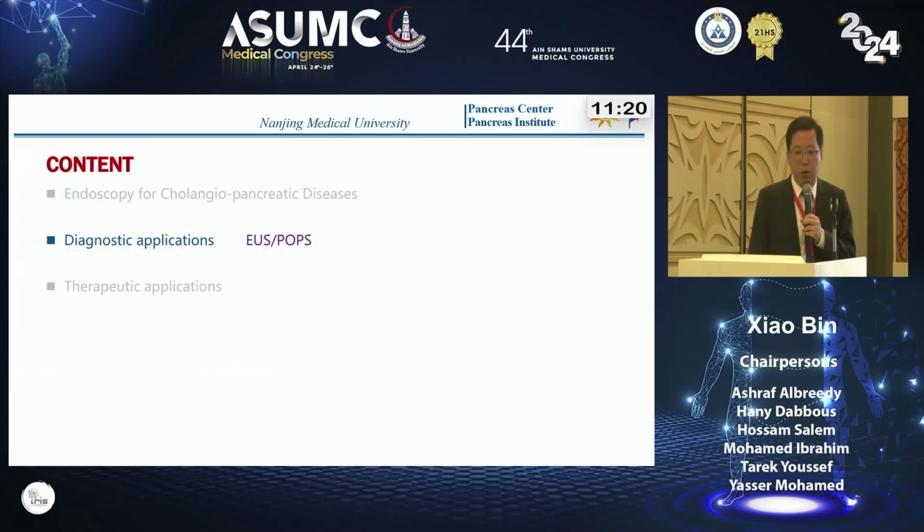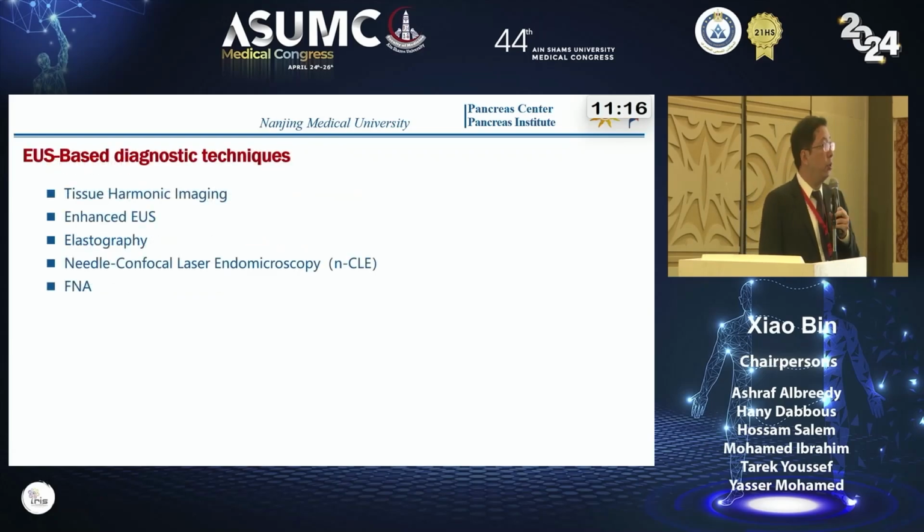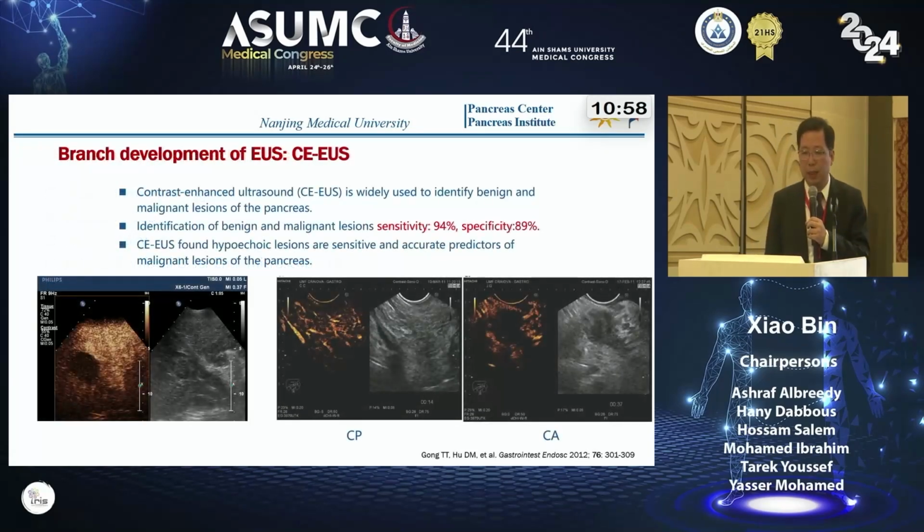Next, we will talk about the diagnostic applications, mainly EUS and POPS. The EUS-based diagnostic technologies include tissue harmonic imaging, contrast-enhanced EUS, elastography, confocal laser endomicroscopy, and fine needle aspiration.